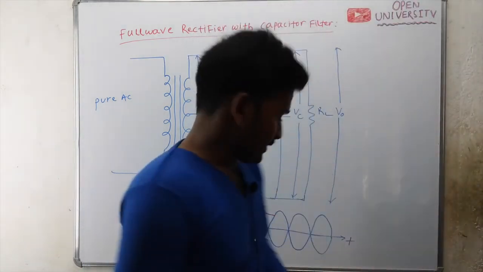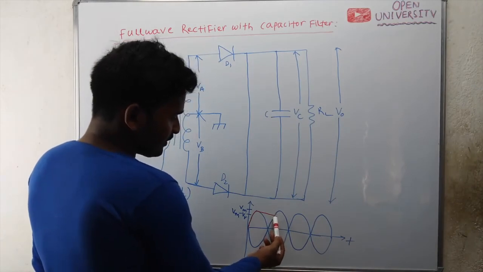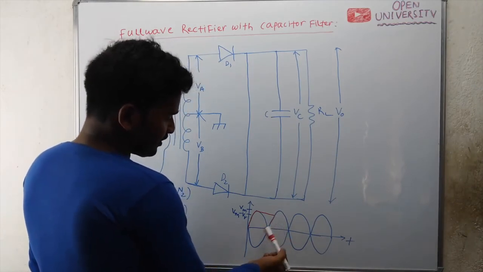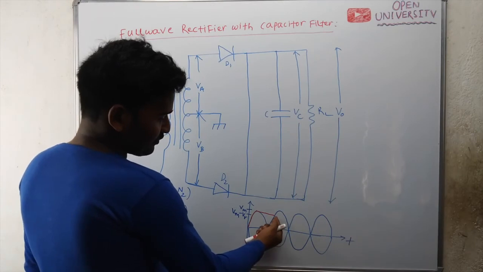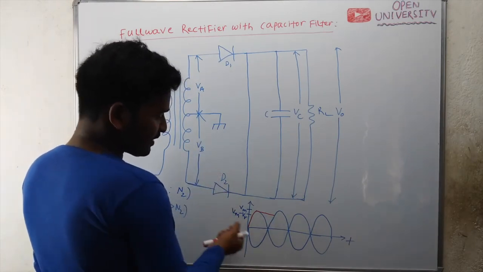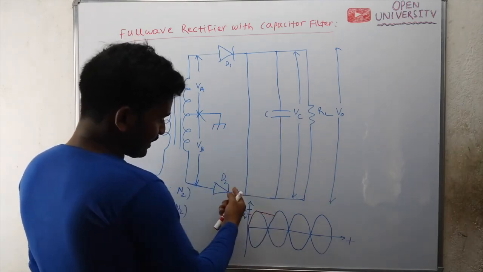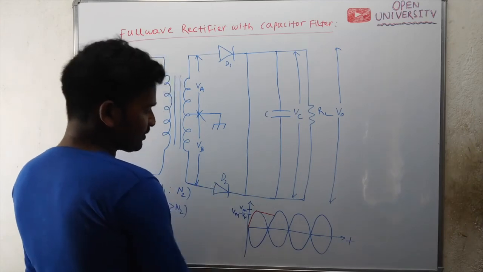Then again, what will happen? VB here is positive, but D2 will not be forward biased because the capacitor voltage is greater than VB.